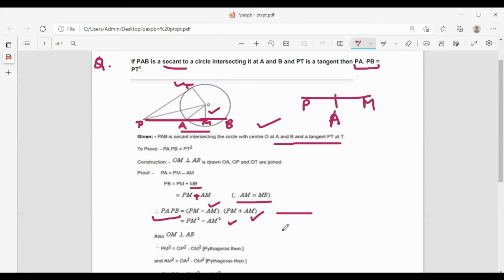Till here we have understood everything. Now, since OM is perpendicular to AB, we can easily apply the Pythagoras theorem.